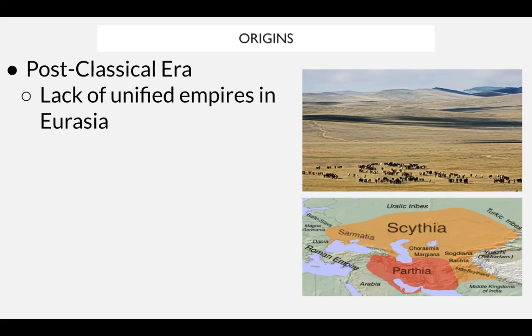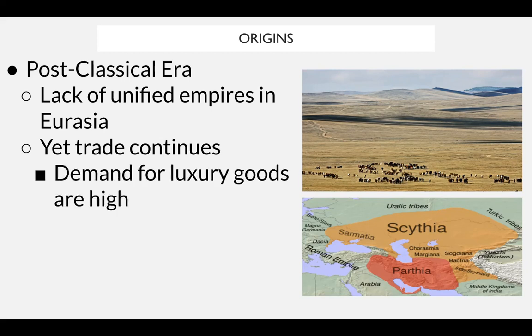We talked about different dynasties in China, but we also have the Byzantine Empire. But it's that middle section that mostly is disorganized, ruled over by a bunch of different rivaling kingdoms. So trade is still going to happen, but it doesn't have a unified empire to promote and protect it, especially in Central Asia.